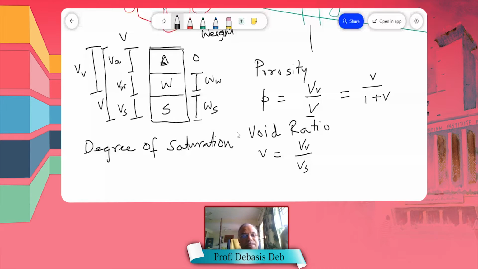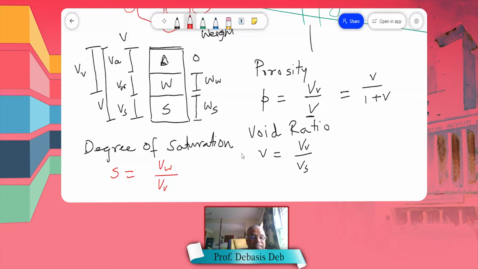You know, this is the question, that whatever amount of water the soil can take, whether it has completely filled or not. So the degree of saturation we basically give in percent. How much percent? So the definition is, we normally define it by, I use another pen, S, and it is written as volume of water by volume of void. Okay. Volume of water by volume of void.